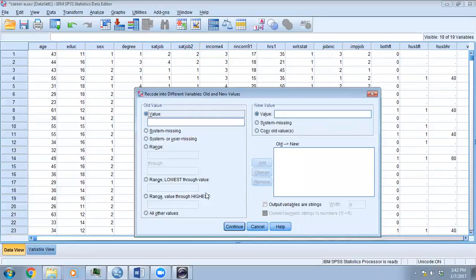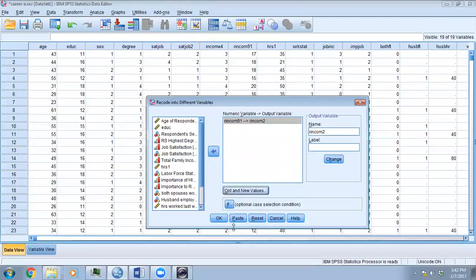Then we're gonna say range to highest, so anything from 22 and up should be treated as system missing. All other values should be copied as is. Okay, and continue.